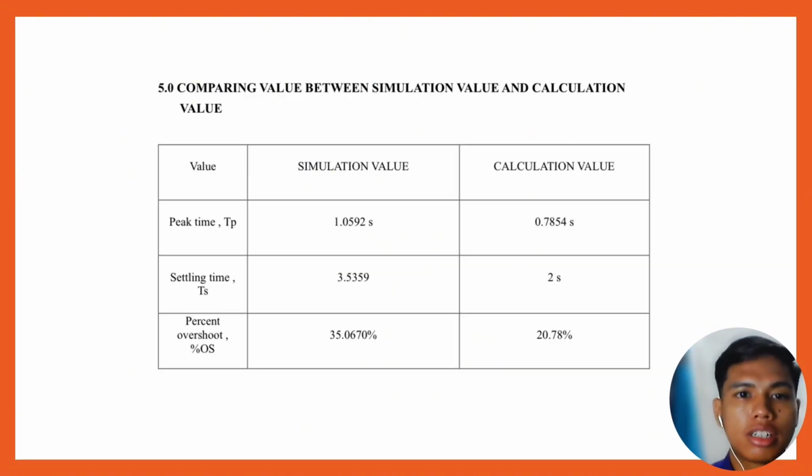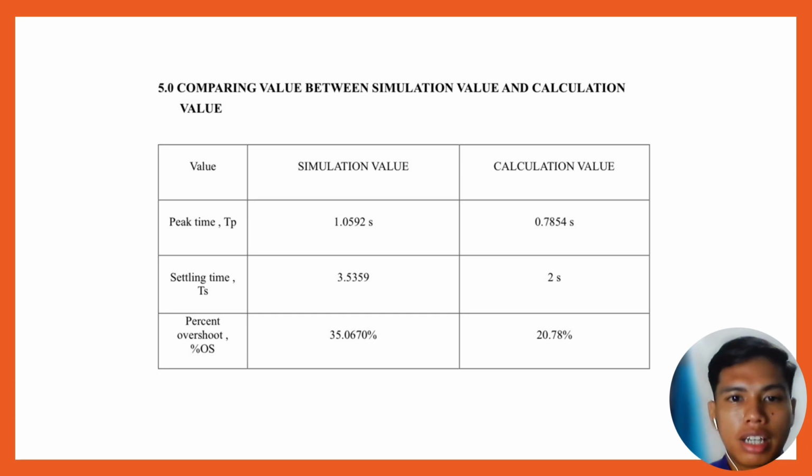This is a comparison between the simulation value and the calculation value. For peak time, the simulation value is 1.0592 seconds, and the calculation value is 0.784 seconds.